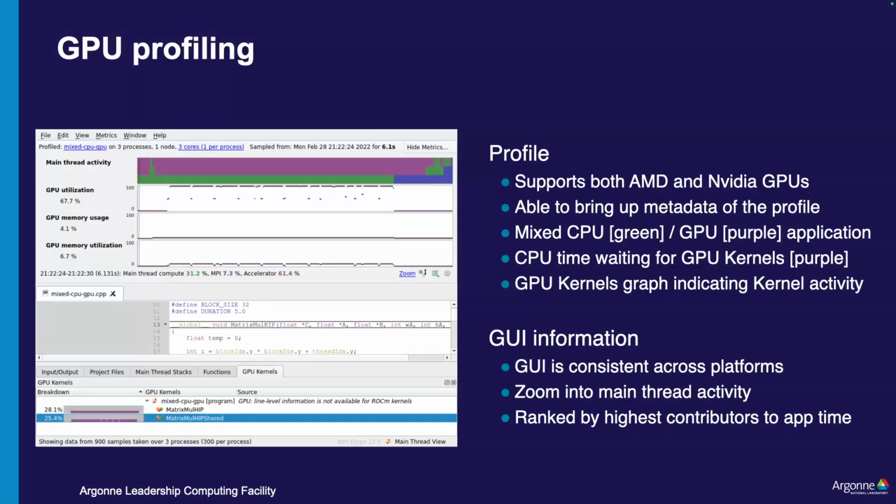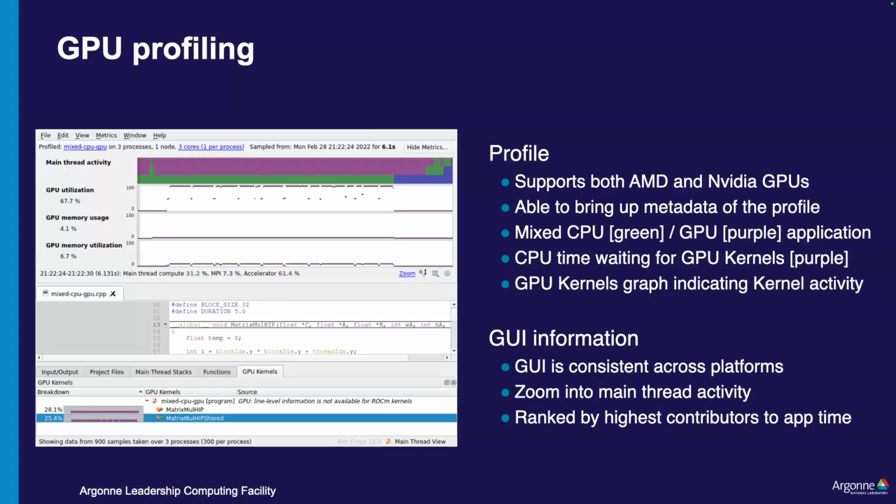In this particular application, we can see we're running with 3 processes. Just from the breakdown, one process is doing dark green, which means it's doing CPU or main thread compute. The 2 processes are waiting for the GPU, so those could be running the kernels.